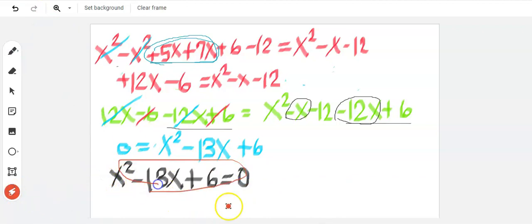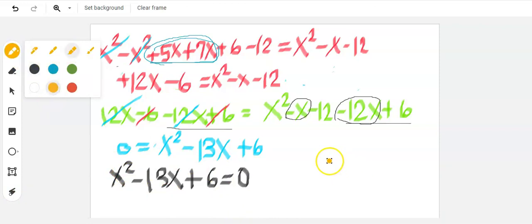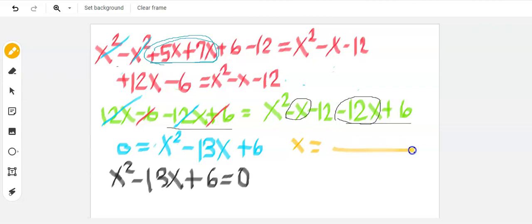To extract the roots, you can use the quadratic formula. What is again the quadratic formula? x is equal to negative b plus or minus the square root of b squared minus 4ac, over 2a.